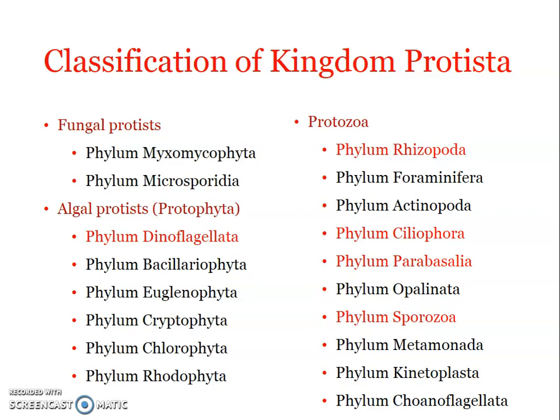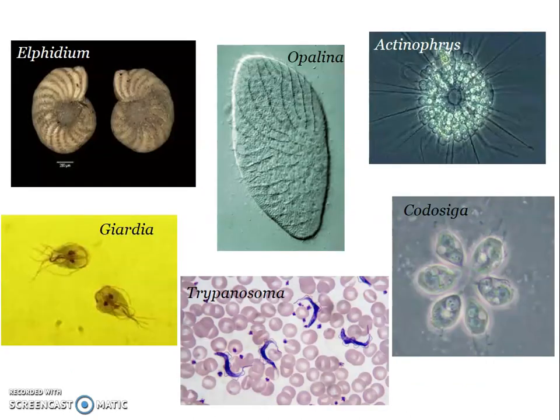This reticulopodia is used for locomotion, for anchoring onto a substratum, and for food collection. These pseudopodia extend out through the pores on the shell. We have already seen the shell is porous, isn't it?